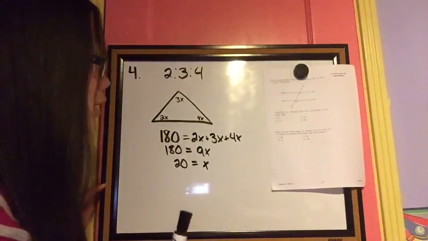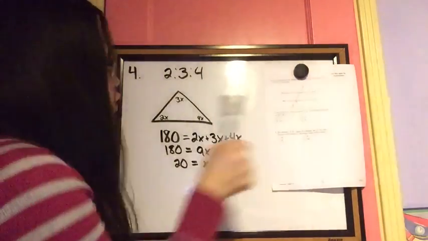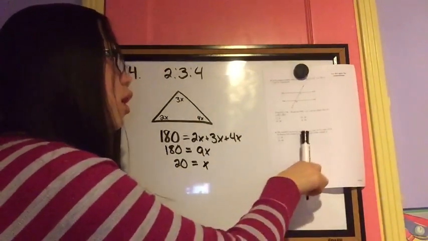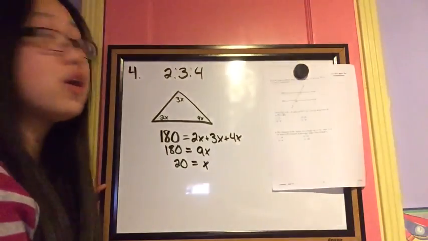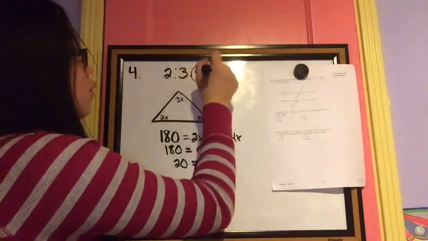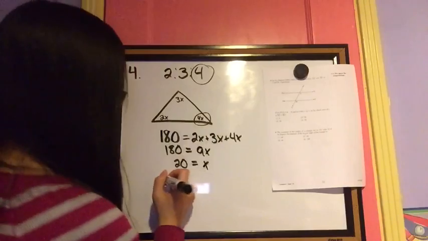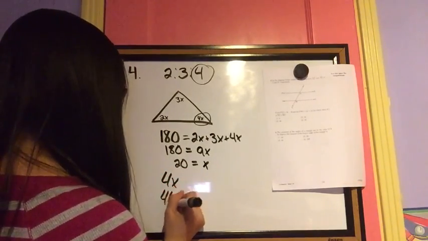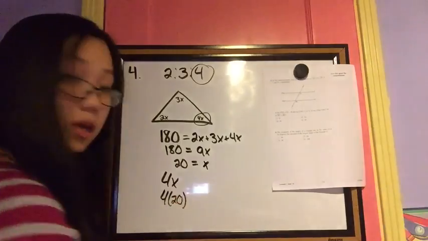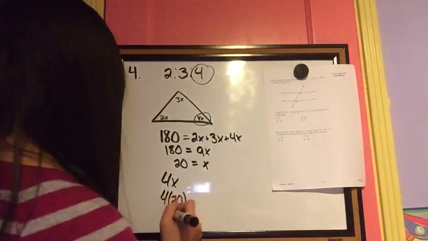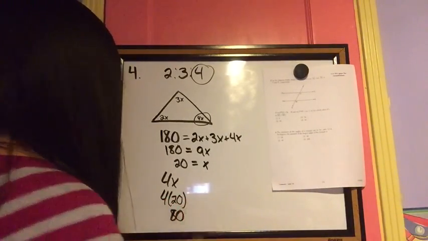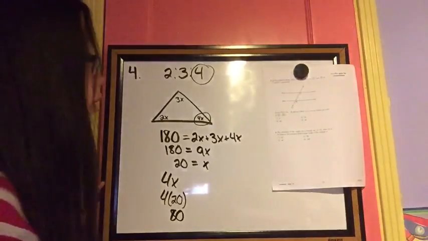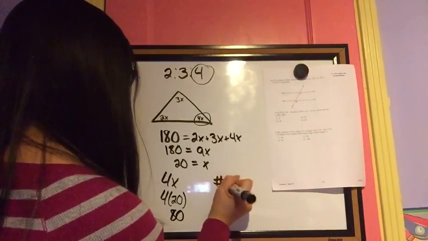But we are not done yet. The answer to this problem is not 20 because it is asking for the measure of the largest angle. And the largest angle would be 4x. So 4x is equal to 4 times 20, which is 80. So the answer to this question is number 3, 80.